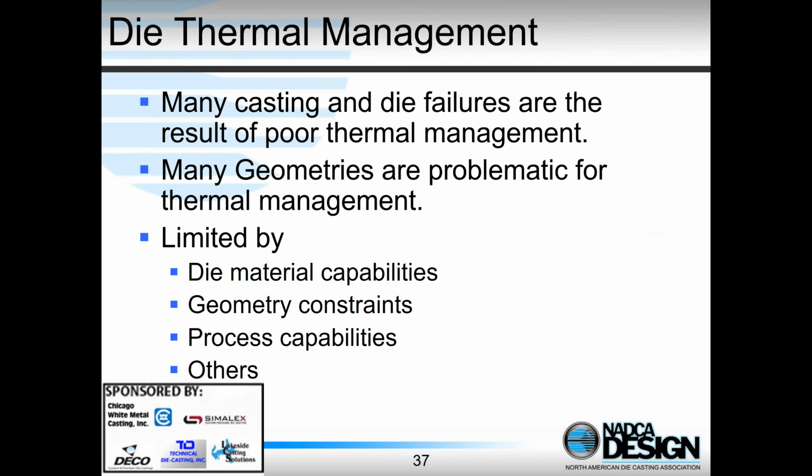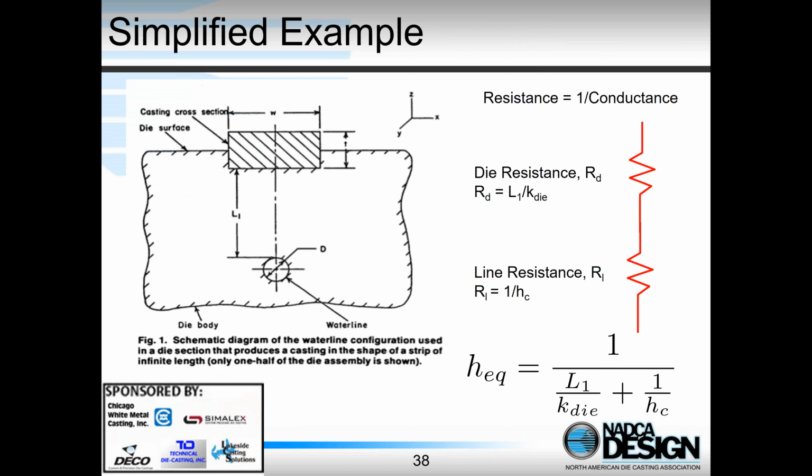So what we're seeing here is that we can control what's going on in the die with thermal management, and we'll just talk about that here for a couple of slides. In the last webinar, I talked about the fact that die steel is a poor conductor of heat.